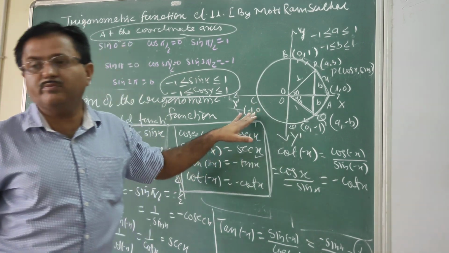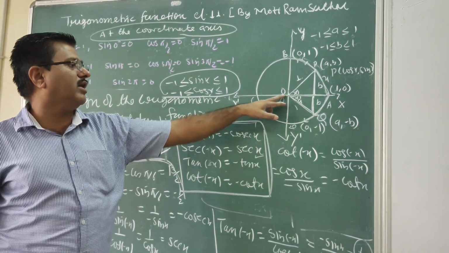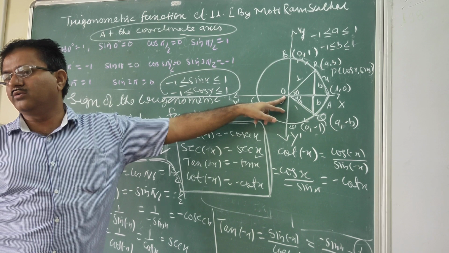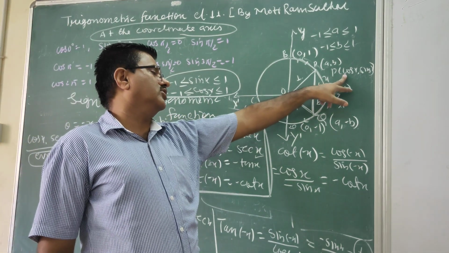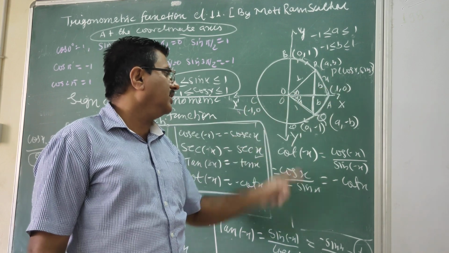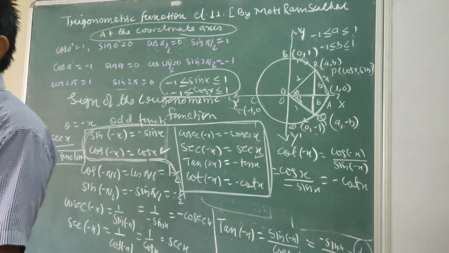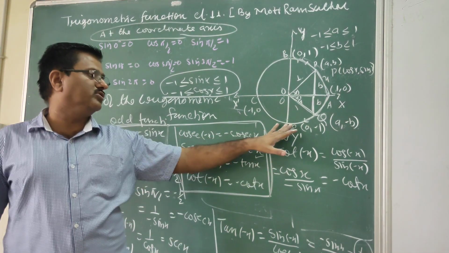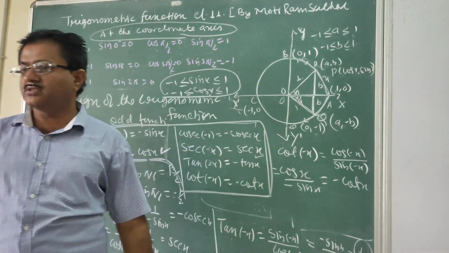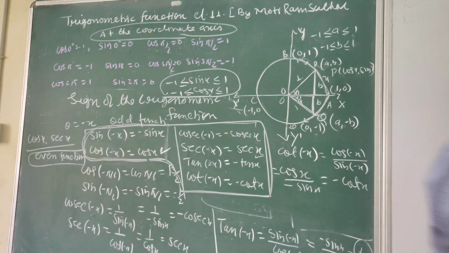In the second quadrant, x is negative and y is positive. Similarly in the third quadrant, x and y both coordinates are negative, so the first one is negative, the second positive in the second case, and in the fourth quadrant y is negative and x is positive. So according to this you can see the sign of these trigonometric ratios.